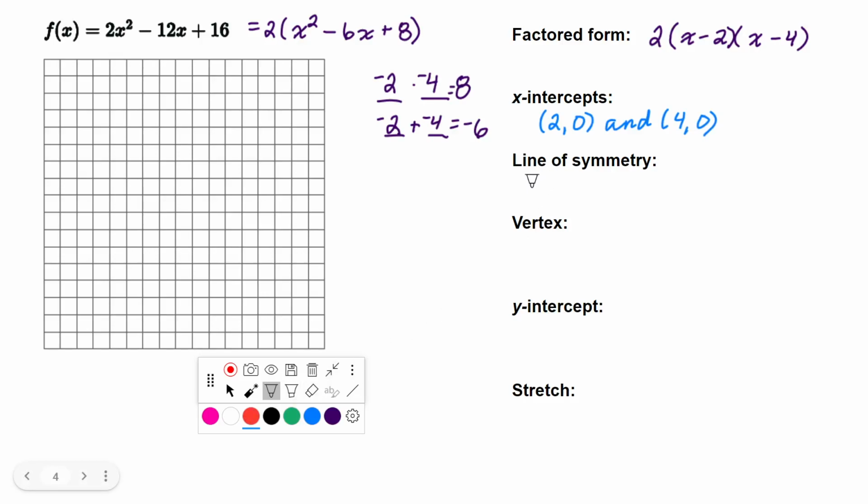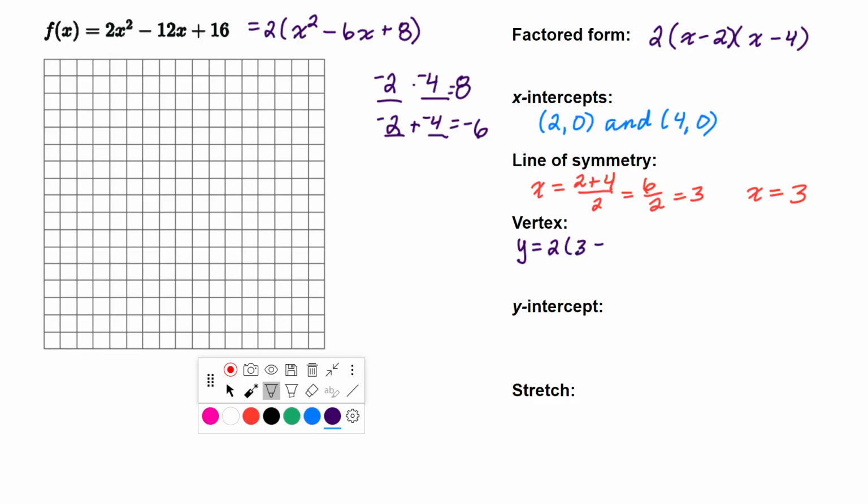The line of symmetry will be found by adding 2 and 4 and dividing that by 2. So 6 divided by 2 is 3. So we have a line of symmetry of x equals 3. We use that value of 3 to replace x to solve for the y of the vertex.